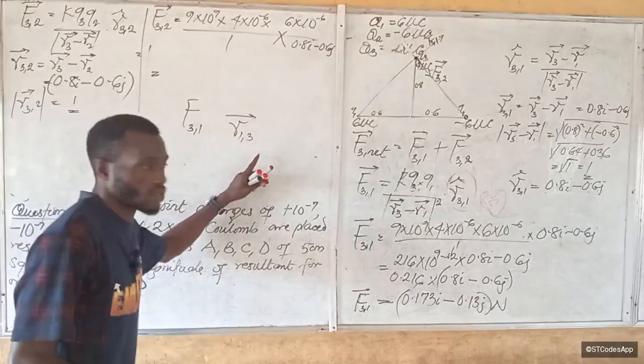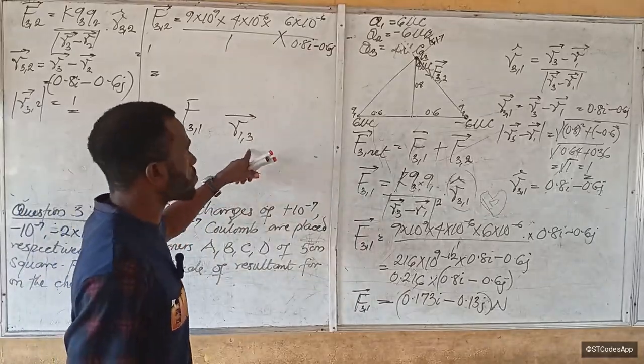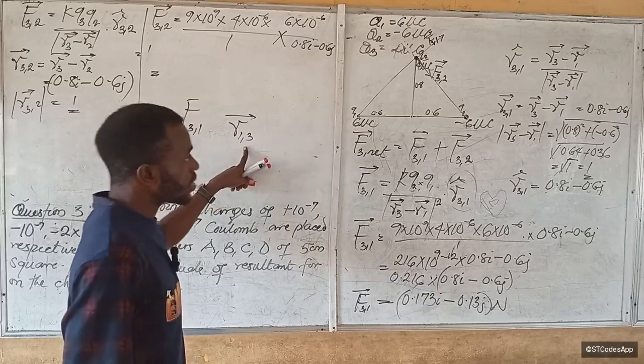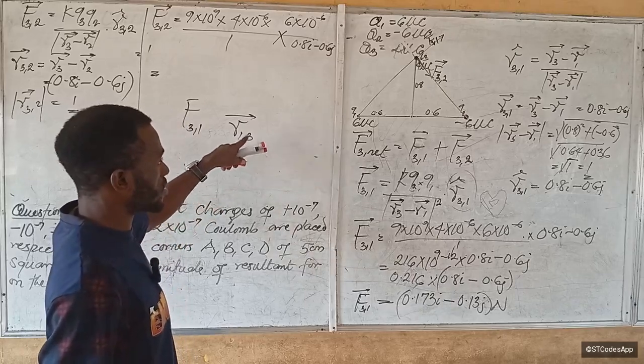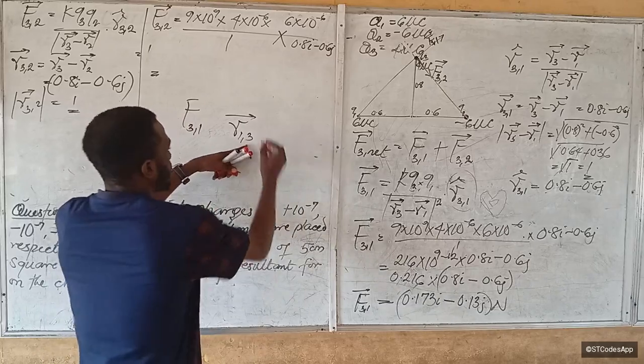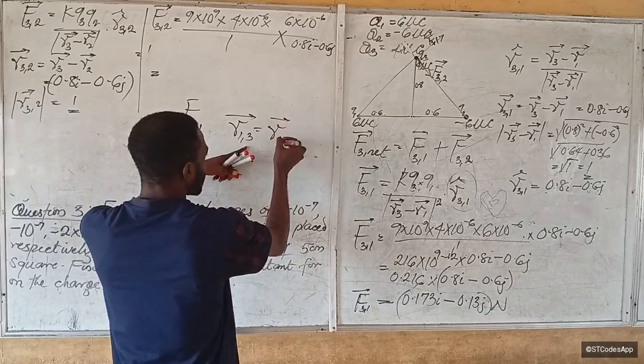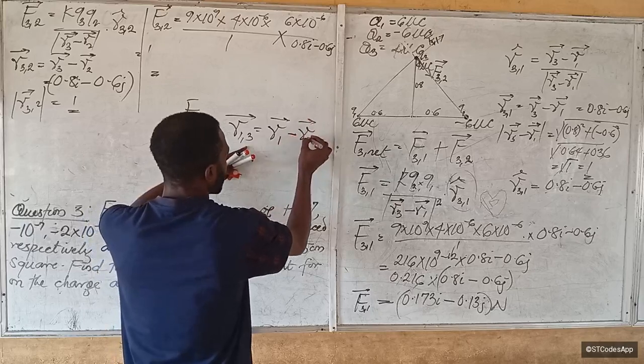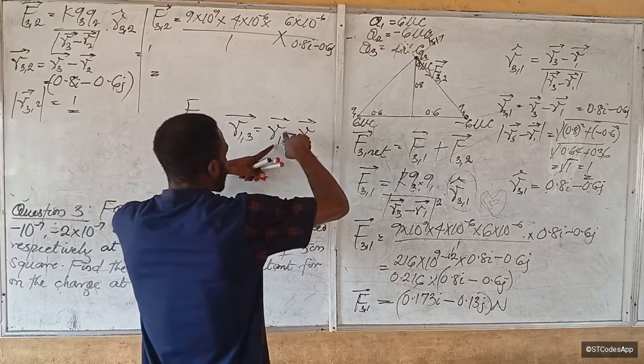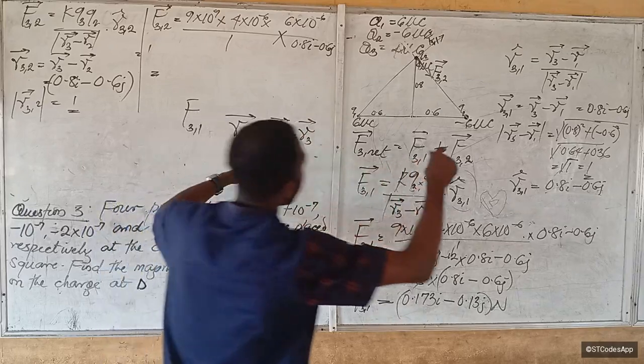I mentioned this, okay? So if you want to solve for the magnitude of this, that will be equal to R1 minus the position vector R3.